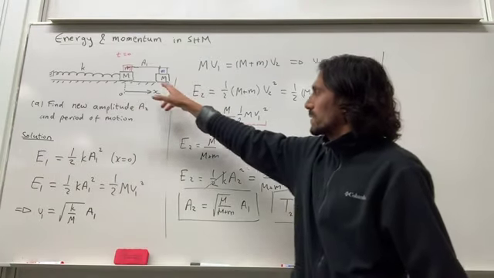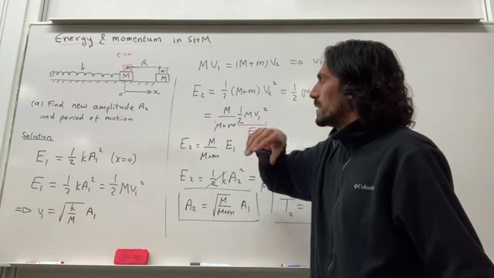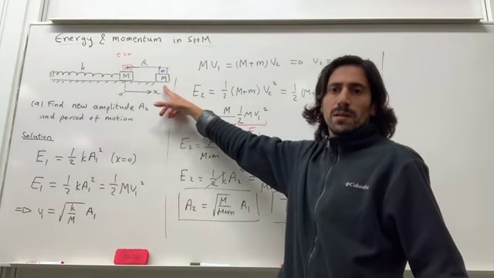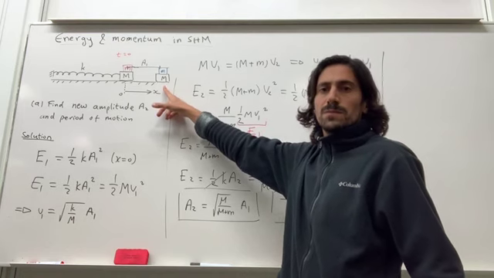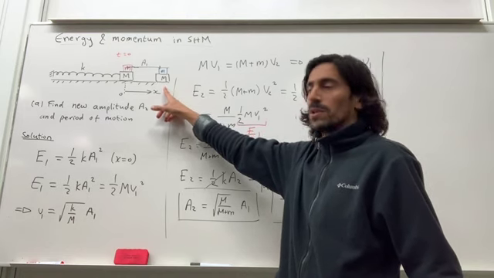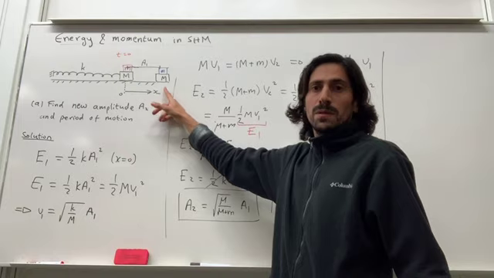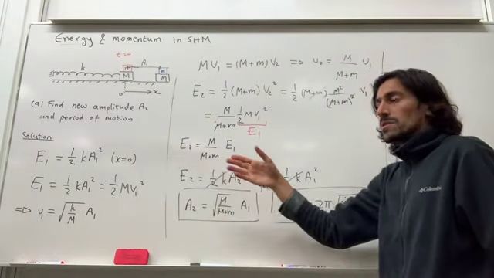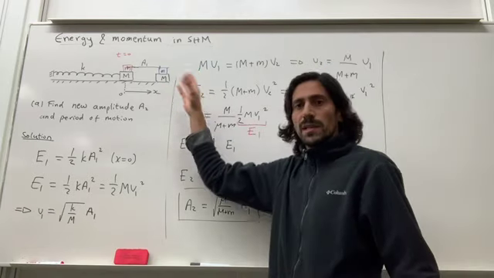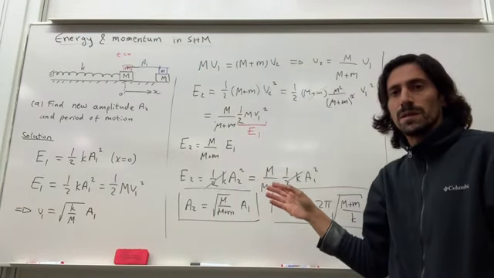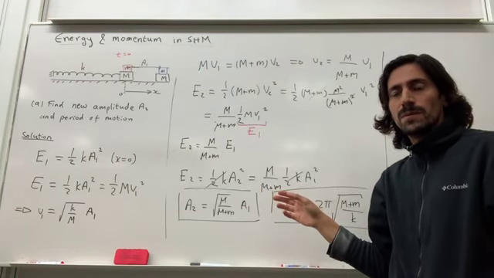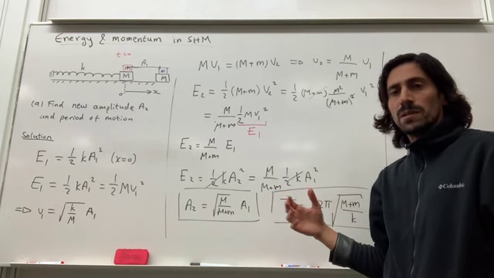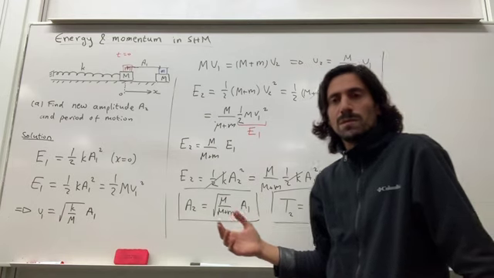Now notice that if we do it at this point, there is no kinetic energy at that point, right? It's only potential energy from the spring. If there is no kinetic energy, it means there is no velocity. So the momentum before collision and after collision has to be the same. So the mechanical energy would be unchanged.